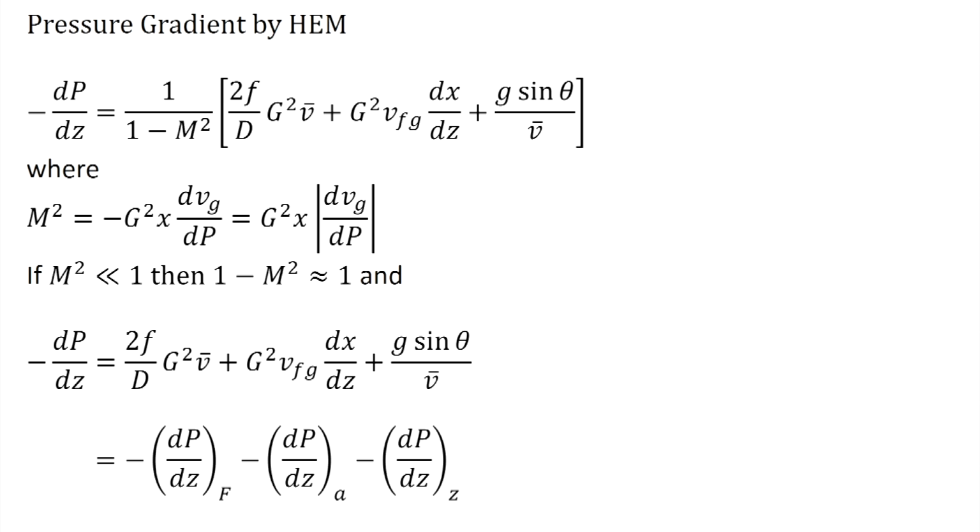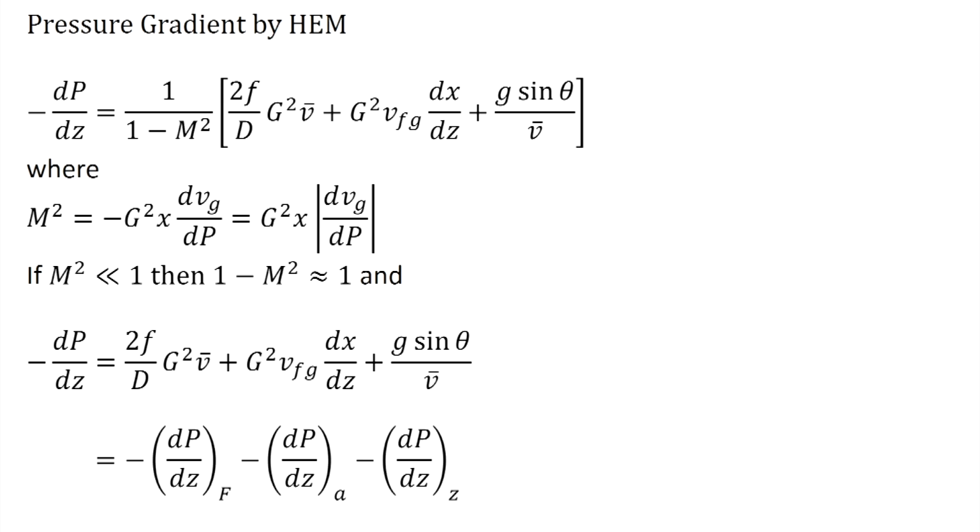and here M squared represents the compressibility of the vapor phase and it is equal to G squared times the absolute value of dv_g by dP. If M squared is very small then we can neglect it, and in that case the denominator becomes equal to 1, and the pressure gradient becomes simply the expression in the bracket.